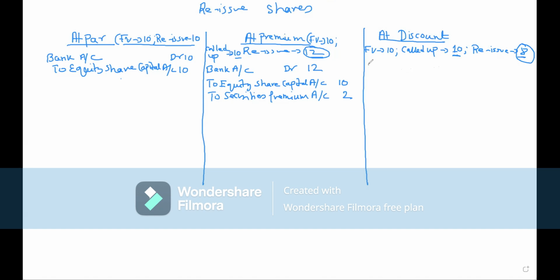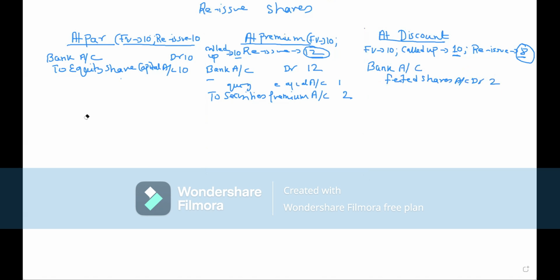So if you're reissuing at a discount, then what is the journal now? Bank account debit 8 rupees. Forfeited shares account debit 2 rupees. यहाँ पे बैंक अकाउंट डेबिट यहाँ पे 8.